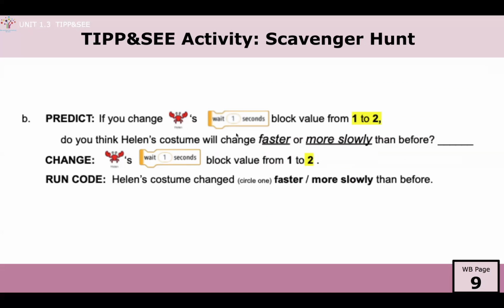And did you predict when you changed Helen's wait seconds block from 1 to 2, would Helen's costumes change faster or more slowly than before? Yes, her costumes changed more slowly than before. Excellent job in completing your TIPP&SEE scavenger hunt.